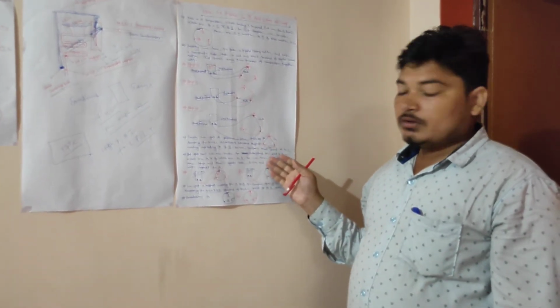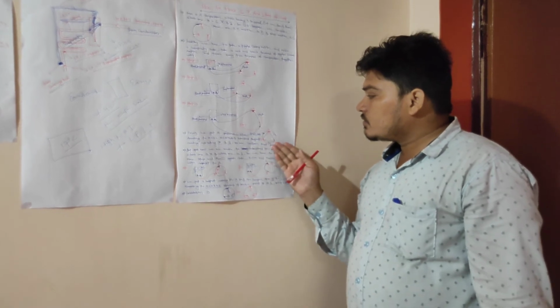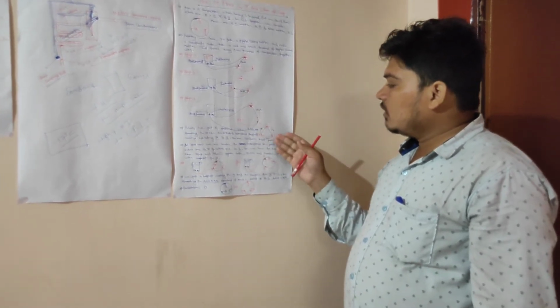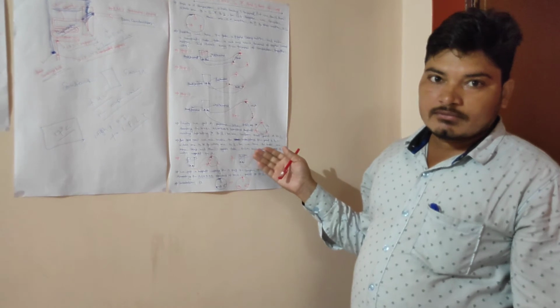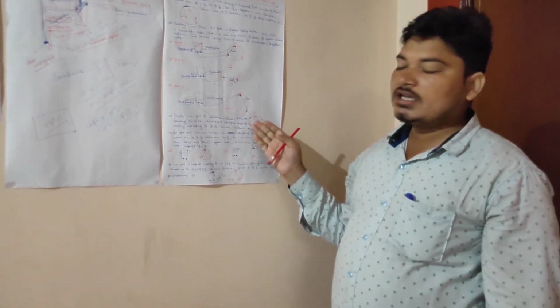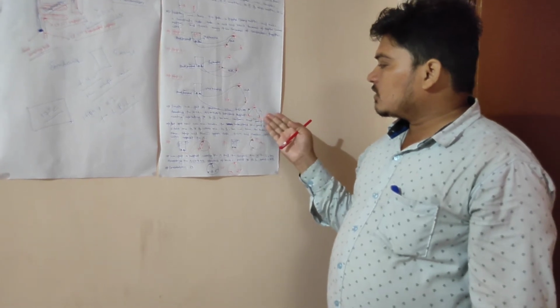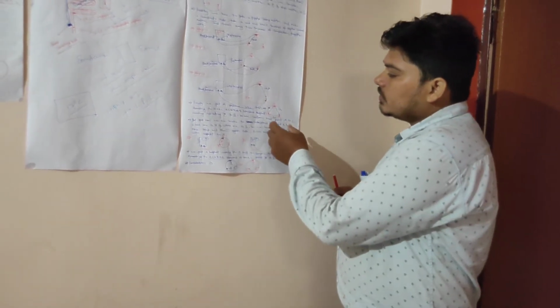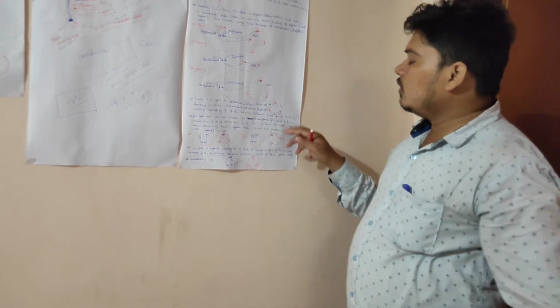Okay. Between B and C the reading is 40, A and B is 30, which is less than 40. Between A and C 17, it is also less than 40. That's why we get the highest reading value between B and C.